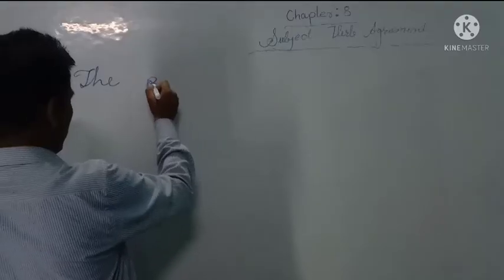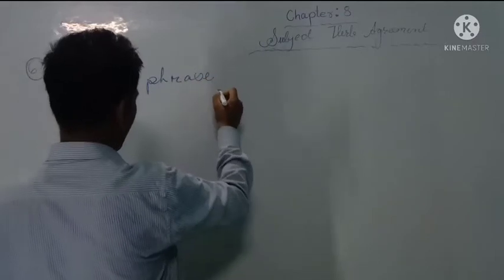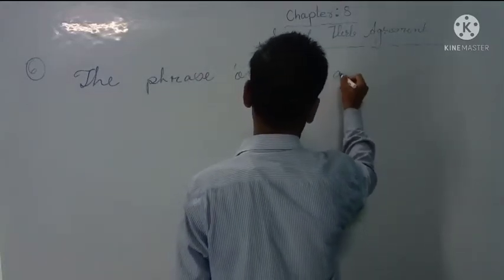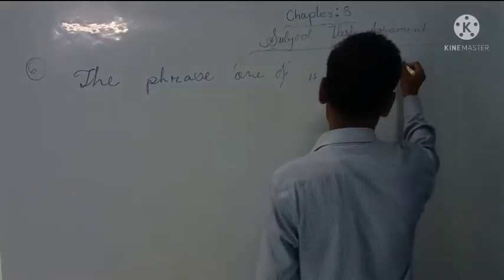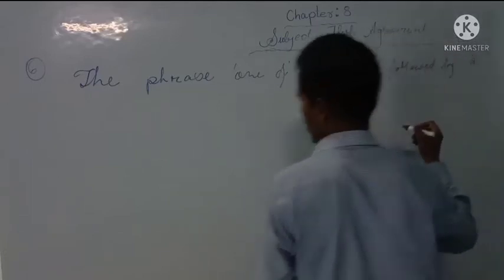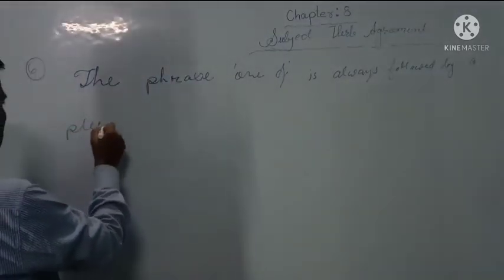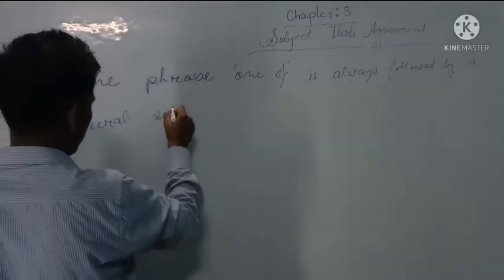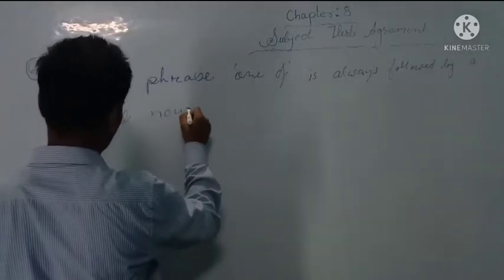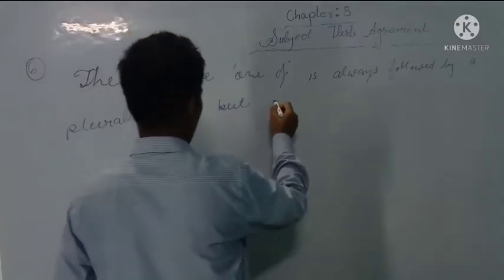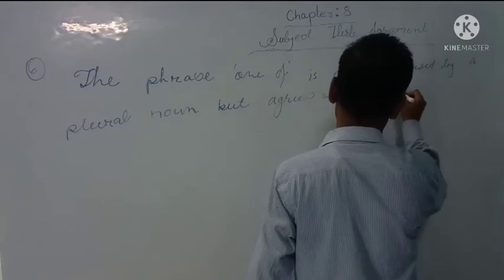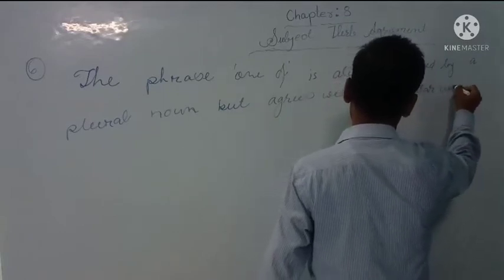Rule number 6: the phrase one of is always followed by a plural subject, or you can say a plural noun, but agrees with a singular verb.